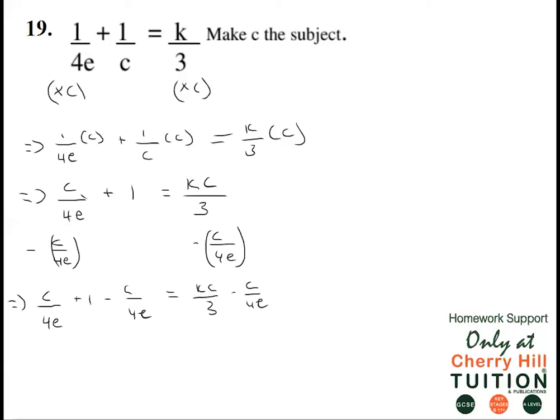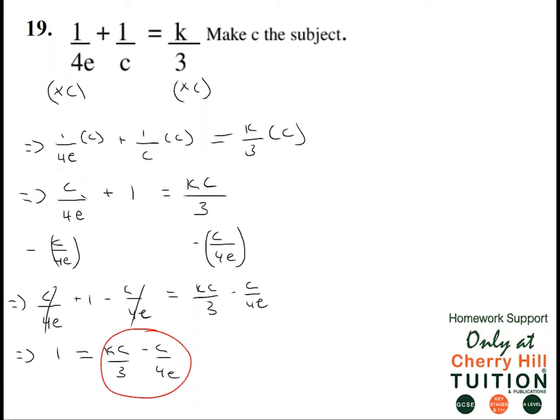Now on the left-hand side, the c over 4e and the minus c over 4e cancel out, leaving us with just 1. And on the right-hand side, we have kc over 3 minus c over 4e. Okay? So we now have an algebraic fraction on the right-hand side.